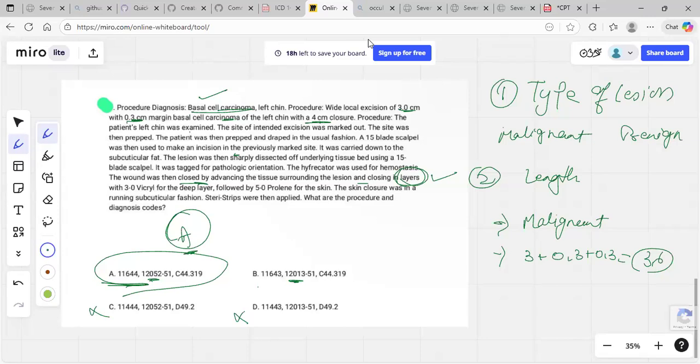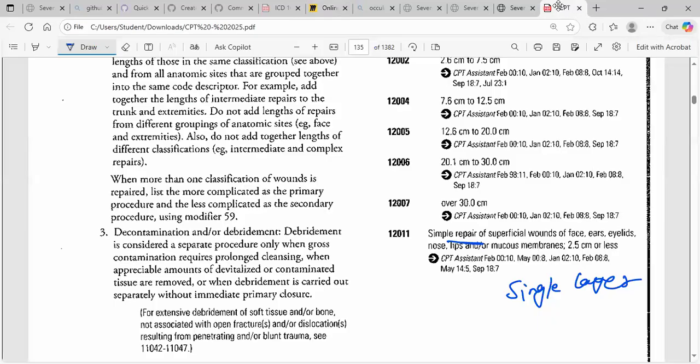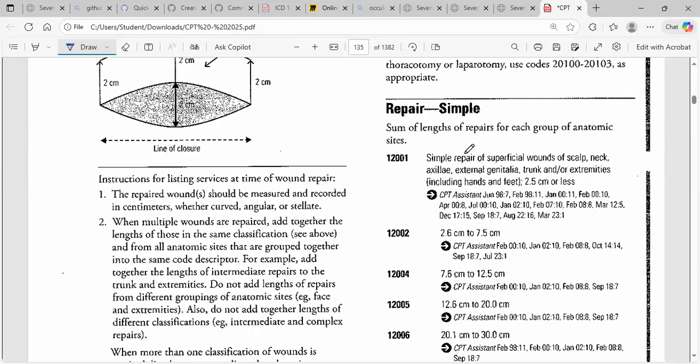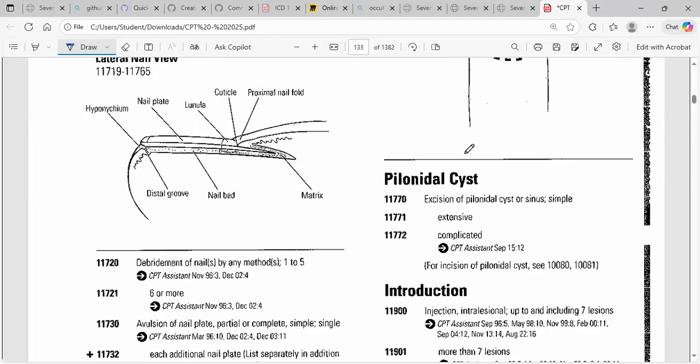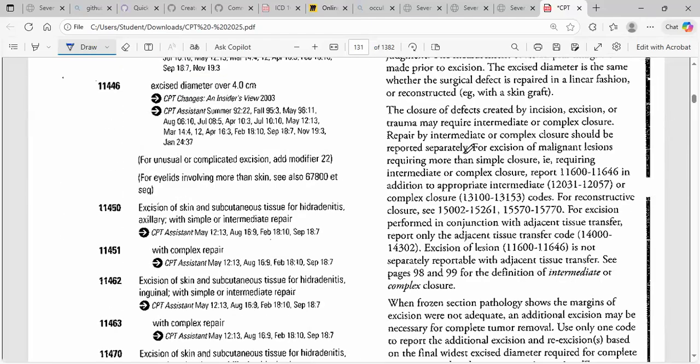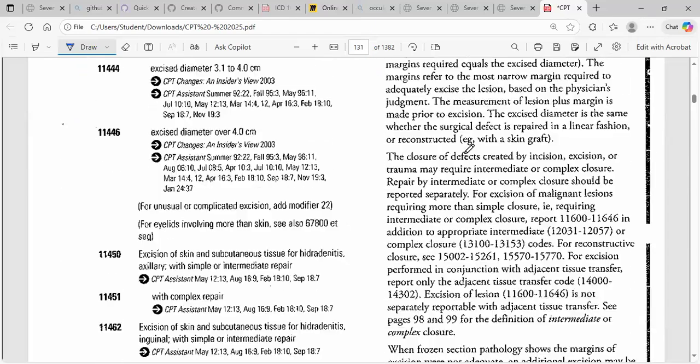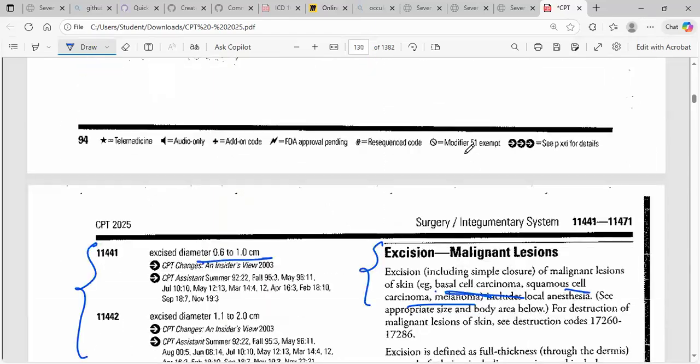Okay. Now let's move further. So this is the excision going on. Let's move further.